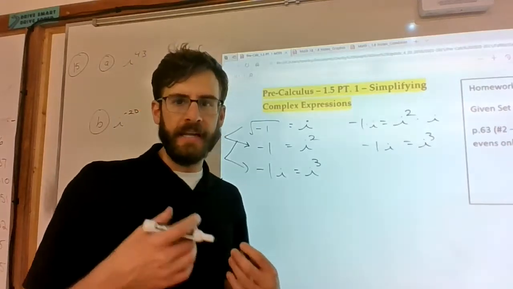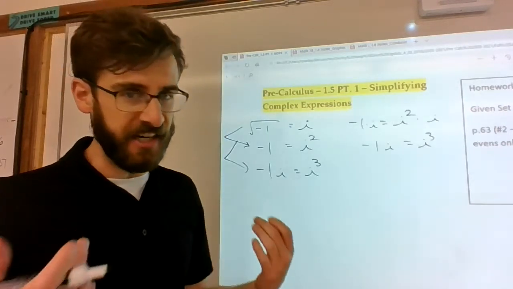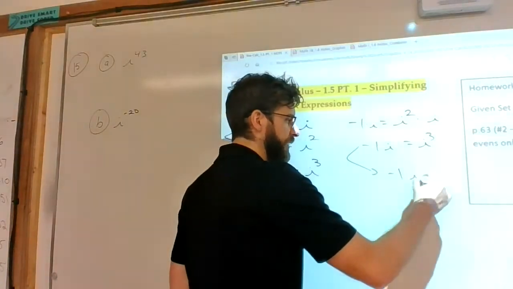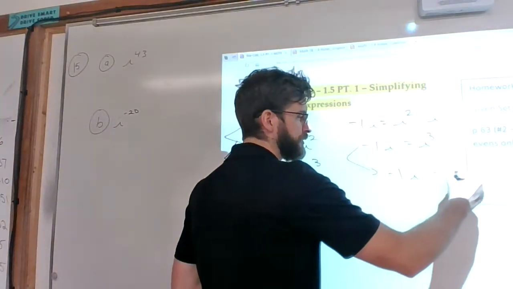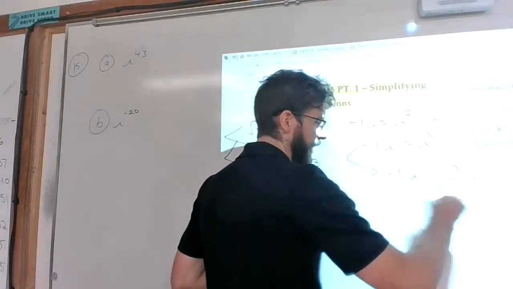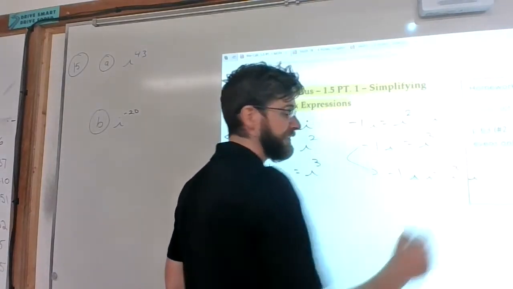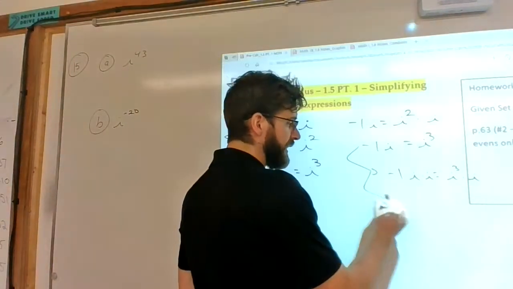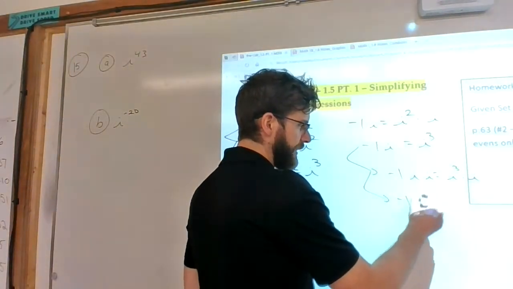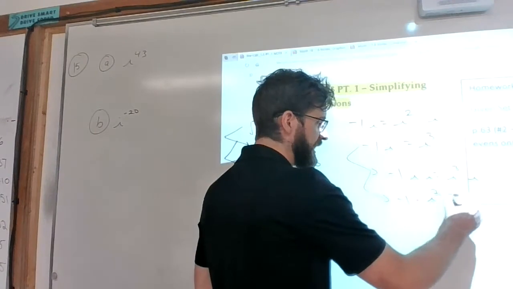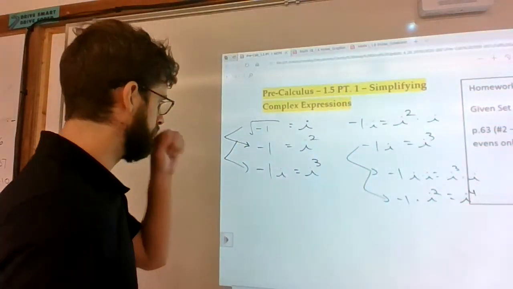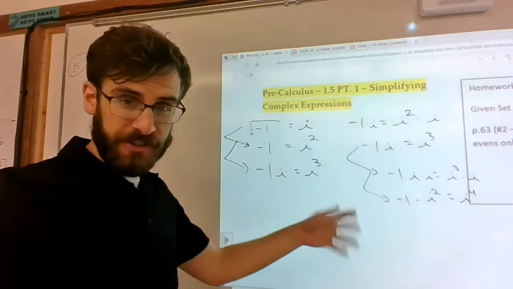So we can continue that pattern. What would happen if we were to try to investigate the 4th power? So what if we said, hey, I want to just keep multiplying by i's. So multiply the right-hand side by i, multiply the left-hand side by i. Well, that gives you -1 times i squared equals i to the 4th power. But here's where it starts to loop.